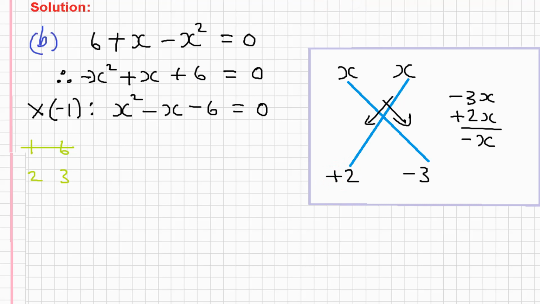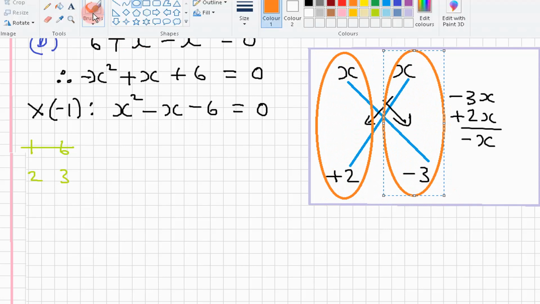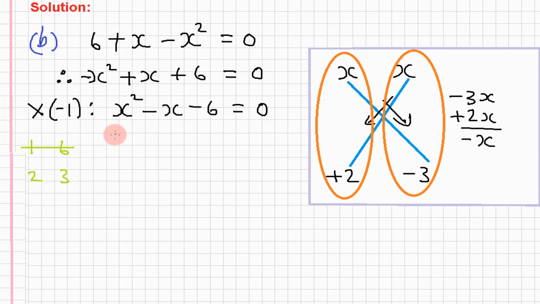Now we can group vertically. So x plus 2 together and x minus 3 together. We can put x plus 2 in brackets and x minus 3 in brackets. We check x times x is x squared.